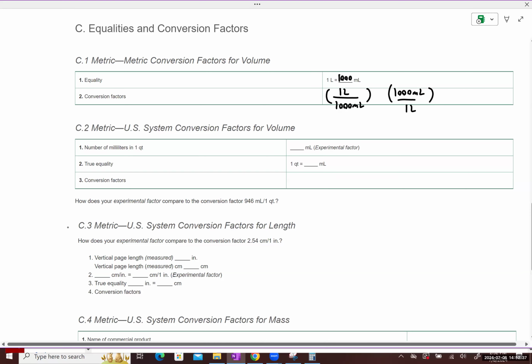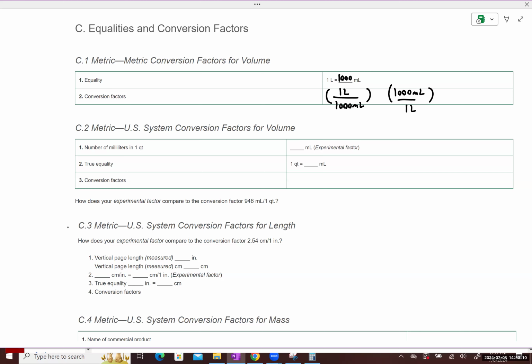So the way that you write a conversion factor is you take your equality and you pick one of the quantities and you put it in the numerator on top, and you take the second quantity and you put it in the denominator on the bottom. All of these conversion factors are just equal to 1. And there are multiple ways of showing how, as we convert from one unit of measurement to another, the quantity remains unchanged. The only thing that changes is the number and the unit.